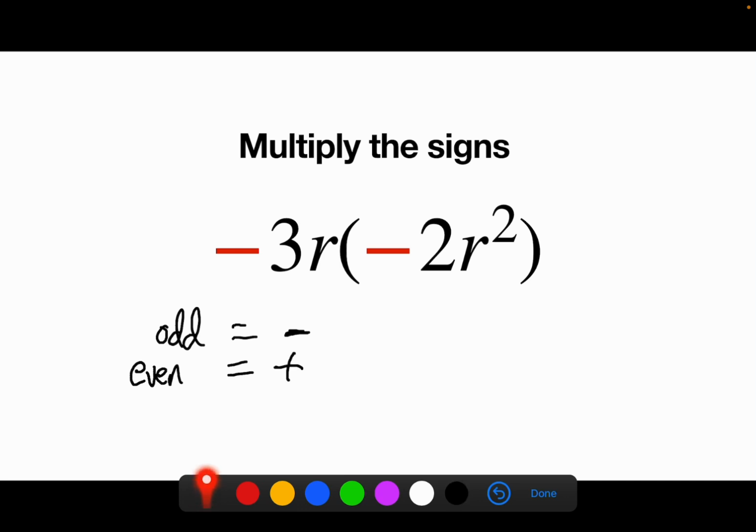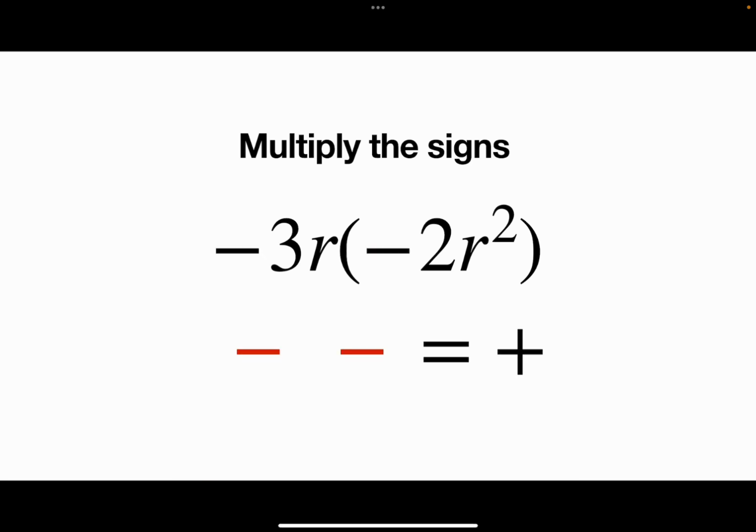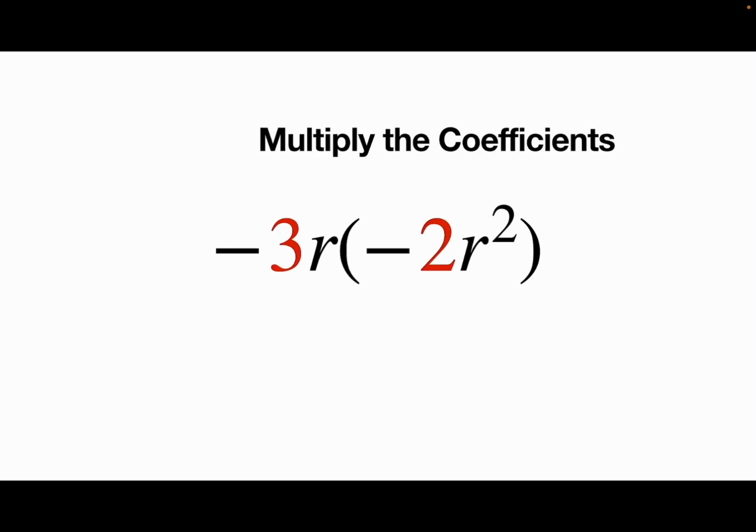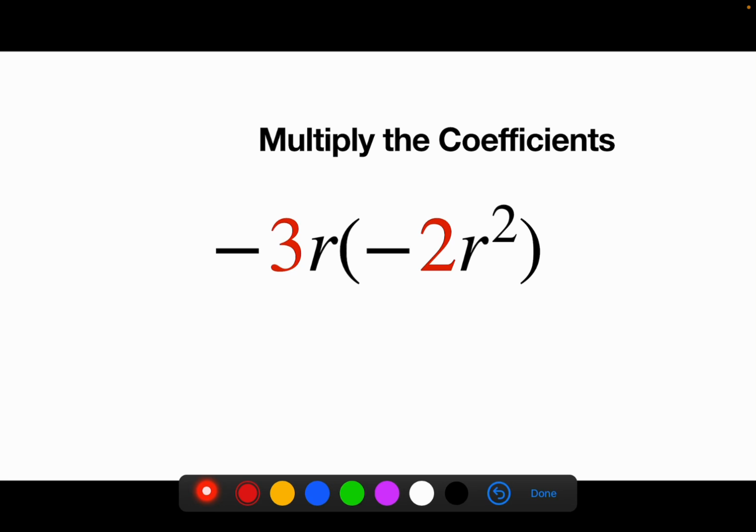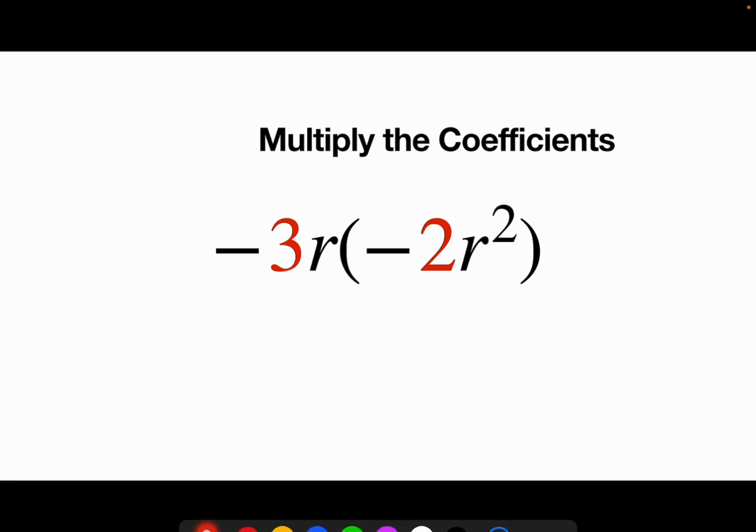Here we have two negative signs, and 2 is even, so we're going to have a positive for our answer. Two negatives equal a positive. Remember, we don't have to draw the positive sign. We would if it was negative, but positive signs are invisible.